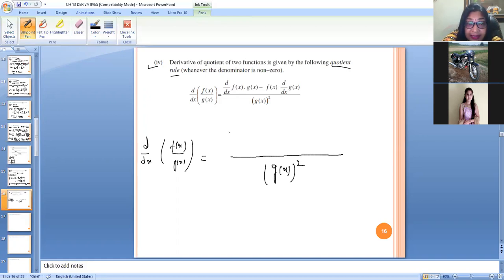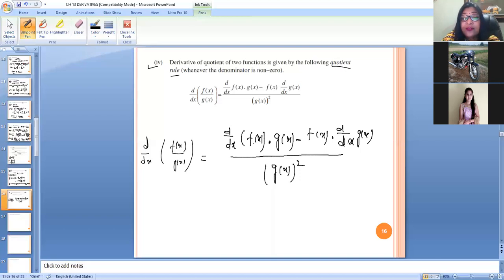Now, the derivative of the term in the numerator into g(x), minus the numerator term as it is into the derivative of the denominator. It is very important to take the derivative of the first term and write the second term as it is. If you reverse it, that is, if you take the derivative of the second term first, the negative sign will be affected. So whatever the sequence is, you have to follow that.